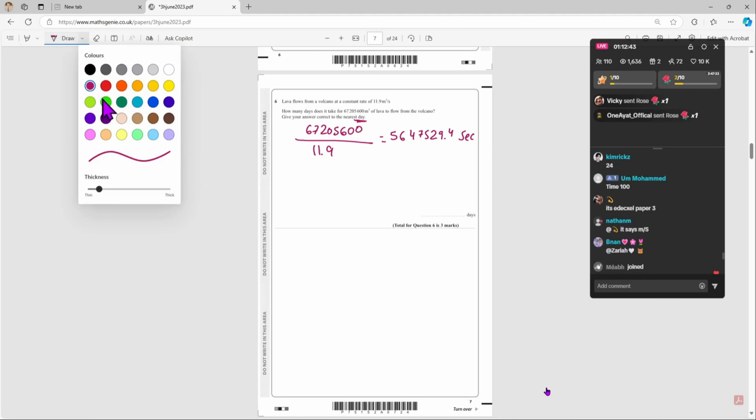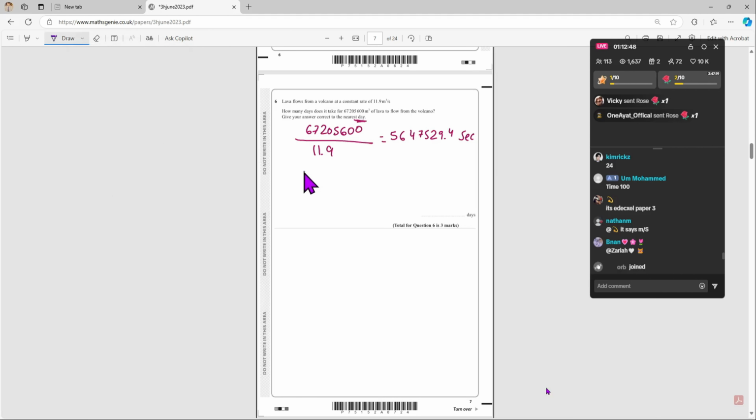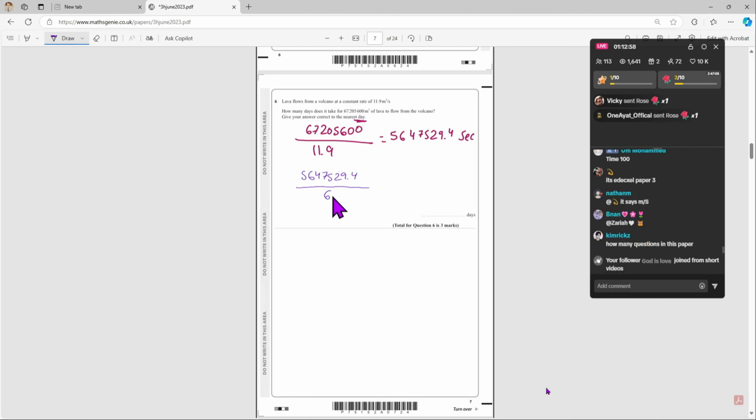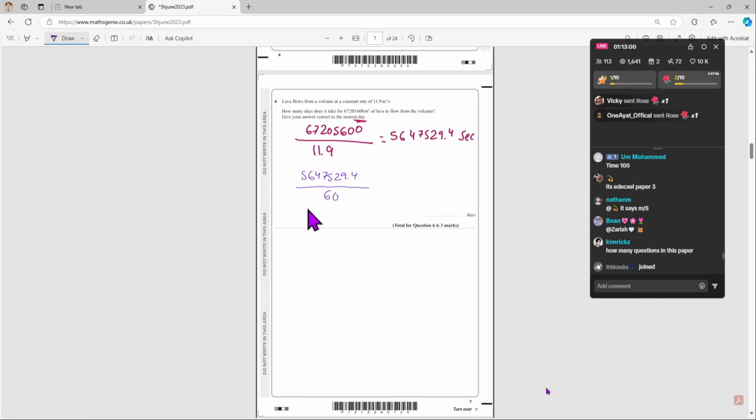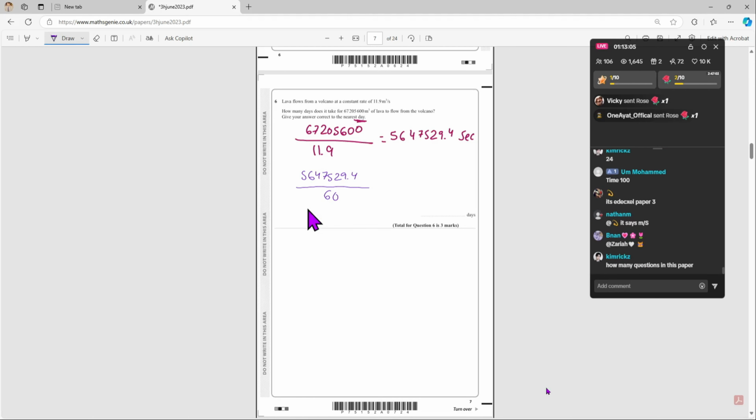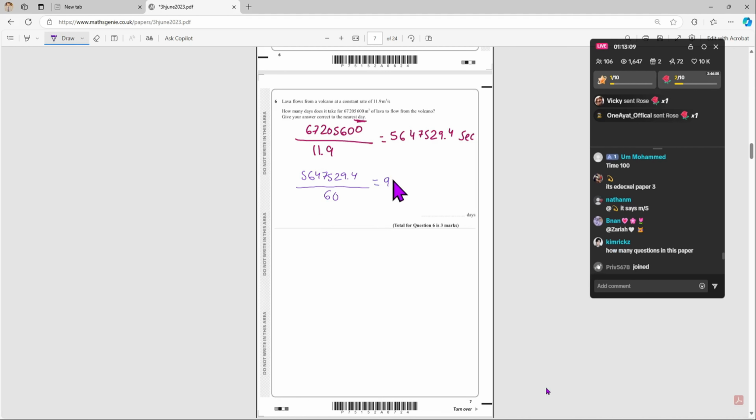So now we're going to do 5,647,529.4 divided by 60. There's 60 seconds in a minute. So we're going to divide it by 60, okay? When you put this into your calculator, you get 94,125 minutes.